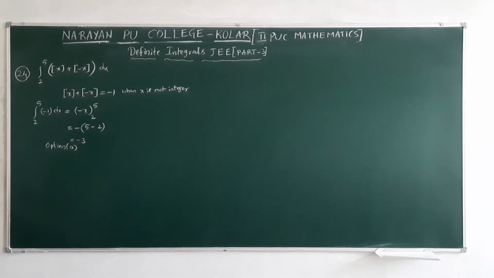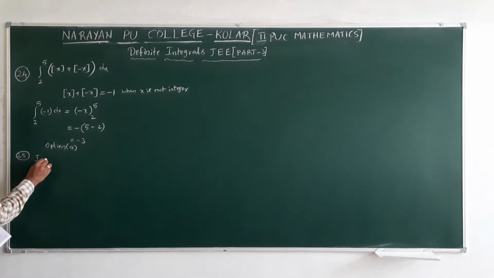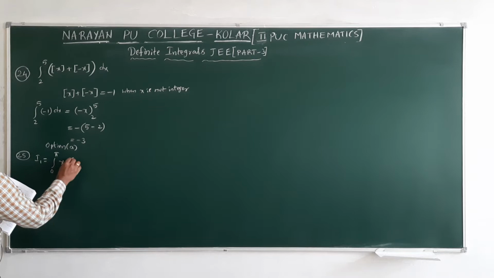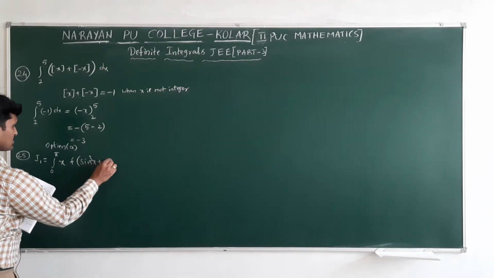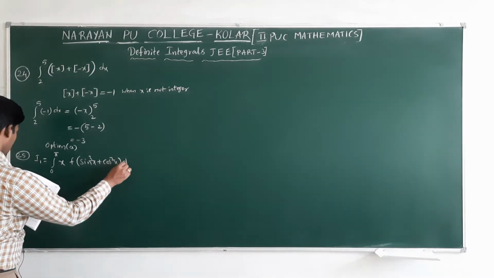Next. The next model is based on properties of definite integrals. Question number 25. I1 is given as integral 0 to pi of x into f of sin cube x plus cos square x dx.